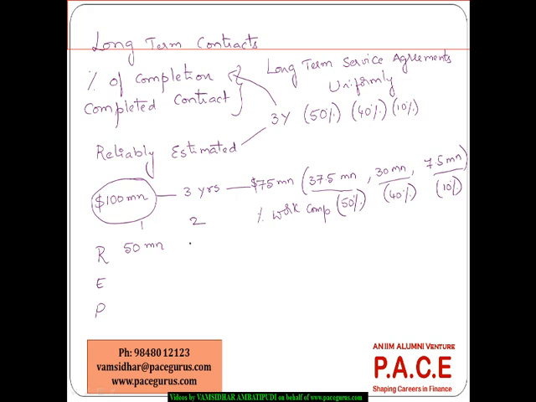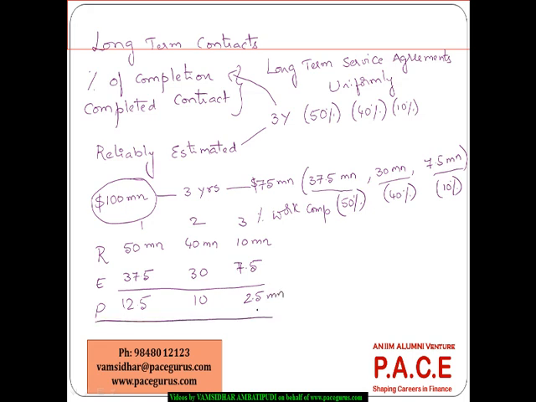Then similarly 40% would be recognized in the second year, and 10 million in the third year. Expenses are 37.5 million in the first year, 30 million in the second, and 7.5 million in the third, resulting in a profit of 12.5 million in the first, 10 million in the second, and 2.5 million in the third.